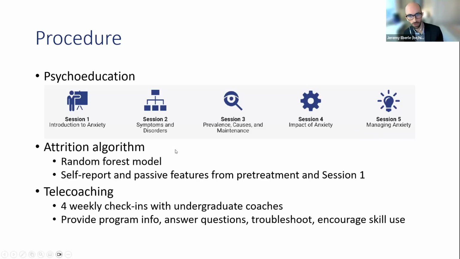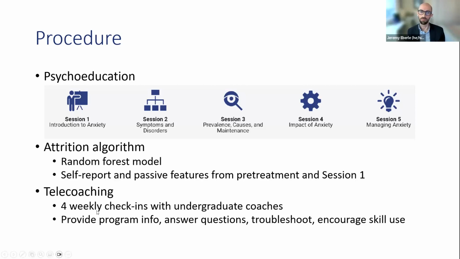The attrition algorithm we used after session 1 to classify those CBMI participants as high or low risk for dropout used self-report questionnaire data from pre-treatment and session 1, as well as some passive features. So the time that participants were spending on a given web page, for instance, and some other passive features as well. And that's a random forest model.